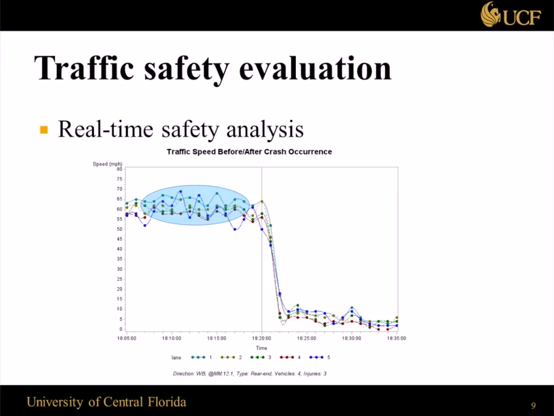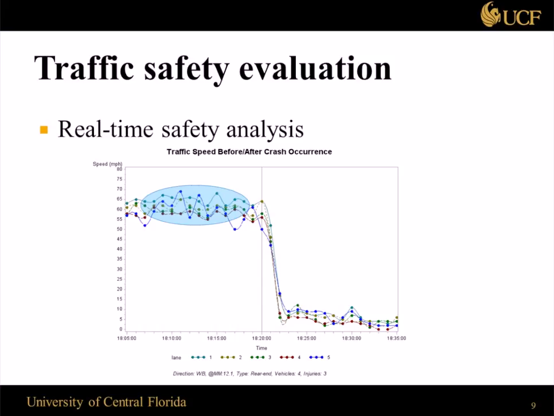The traffic safety evaluation is based on real-time safety analysis. It is assumed that the reason why a crash happens is the disruptive traffic condition just before the crash. So by analyzing and comparing the disruptive traffic conditions, the parameters which are more crash prone than others can be found, and then using these parameters, the crash risk can be estimated.